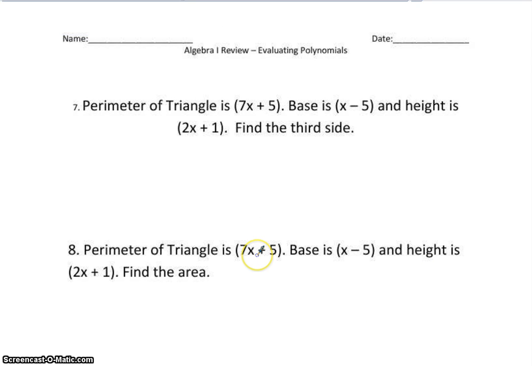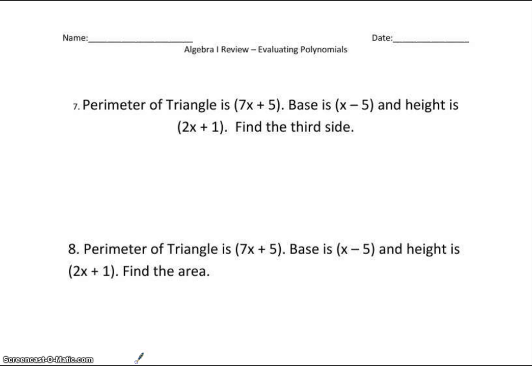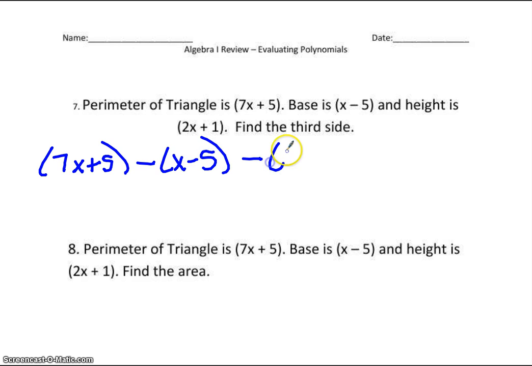The perimeter is 7x plus 5. The base is x minus 5, and the height is 2x plus 1. Find the third side. Keeping in mind that the perimeter means you add the sides. So if you know 2 of the sides, you're going to subtract those from the perimeter, and it'll give you the missing side. So basically you're saying 7x plus 5 minus x minus 5 minus 2x plus 1.